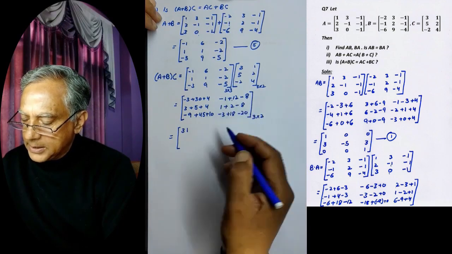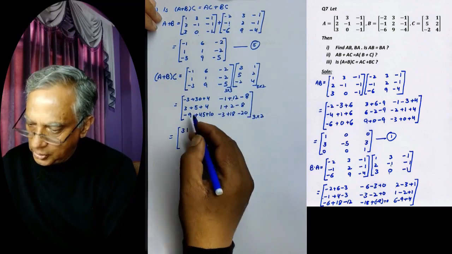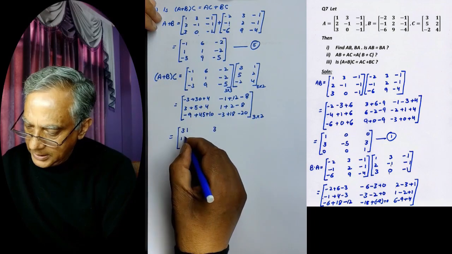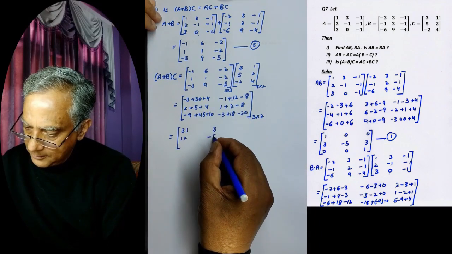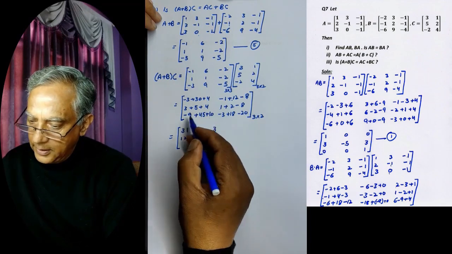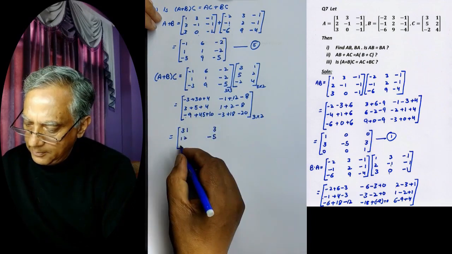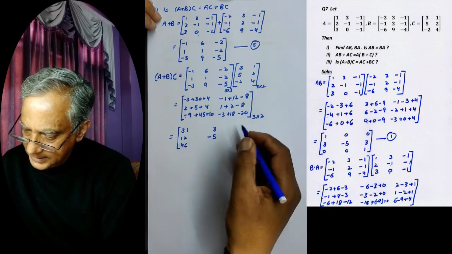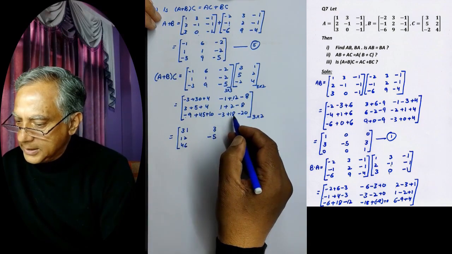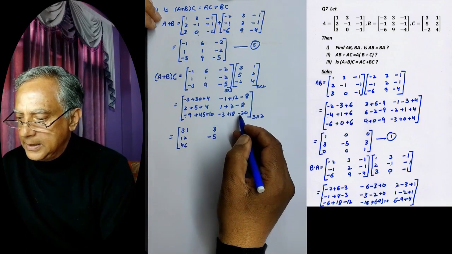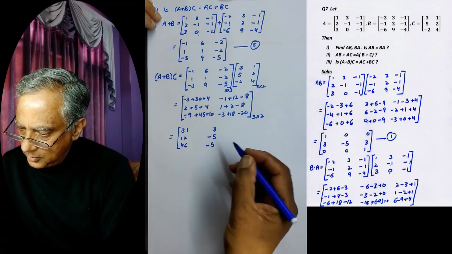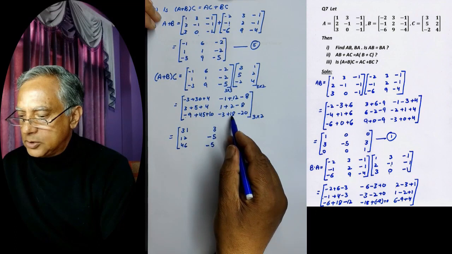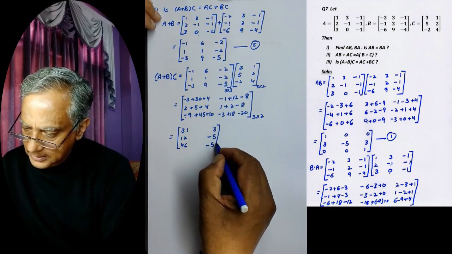Minus 9 plus 12 is 3. 9 plus 3 is 12. 3 minus 8 is minus 5. 10 minus 9 is 1 plus 45 is 46. This is minus 21 plus 18. This is minus 5. Minus 23 plus 18 minus 5.